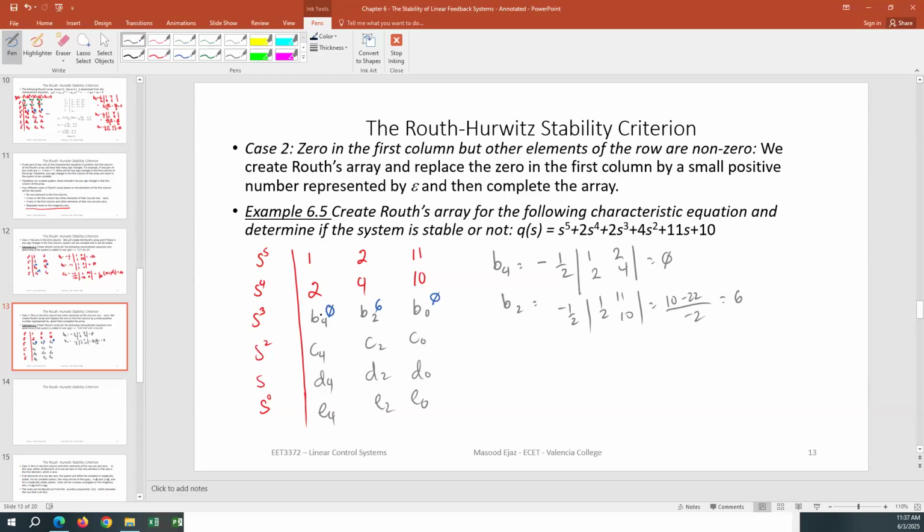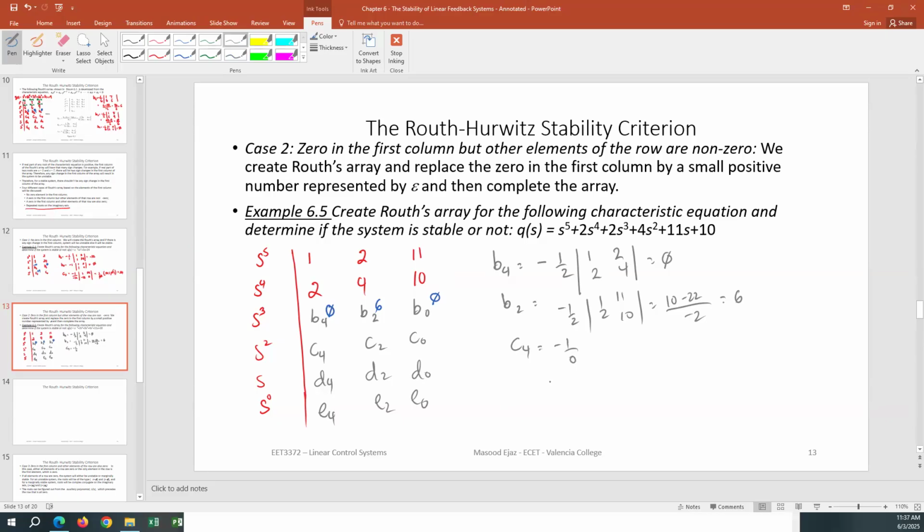Now since this is 0, you cannot really calculate C4 because C4 will be -1 over the first element of the last row. So if we do -1 over 0, that's not going to work. So that's what we have to do.